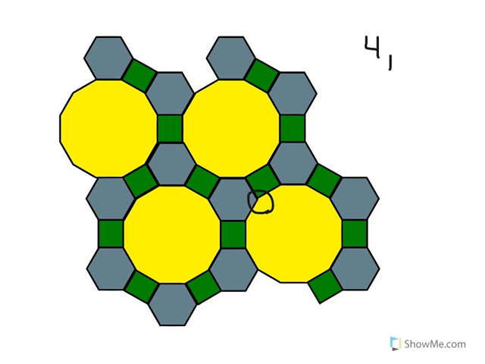So that would be a 4, 6, 12, and the pattern repeats at every vertex. The whole thing involves those 3 shapes. So you can have ones that are more complicated with more than just 2 or 3 different regular polygons. You do not have to copy this into your notes.